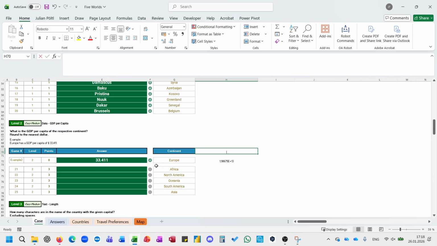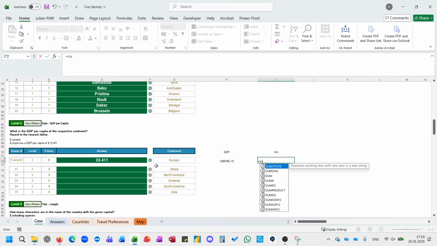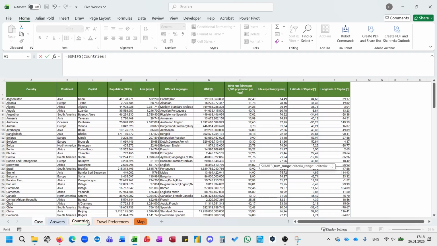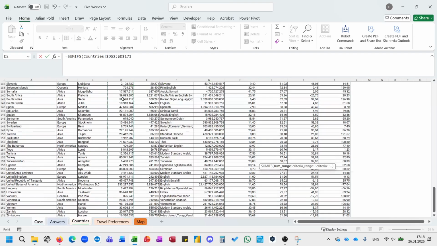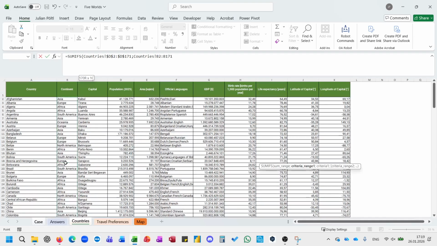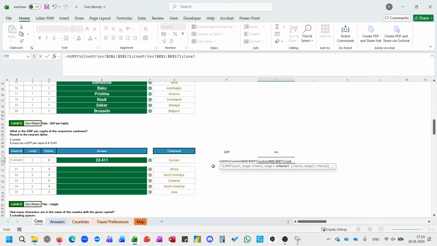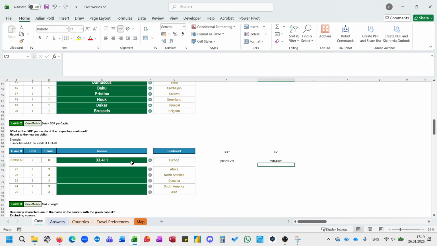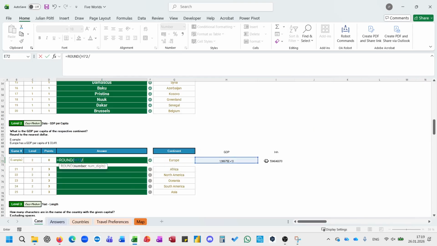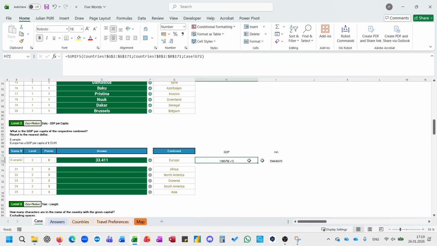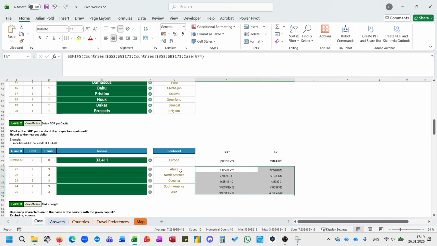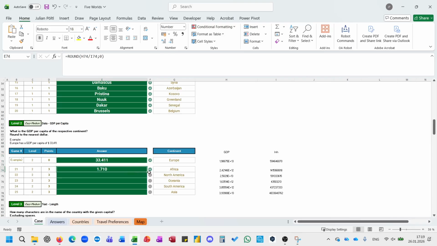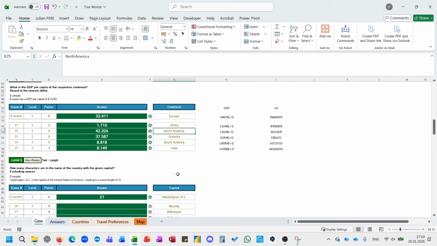So this is GDP and this is inhabitants or population. It's a second SUMIFS, where we sum the population, continent is given, and then our result is ROUND of GDP divided by inhabitants, rounded to the nearest dollar, so to 0 digits. And we can then track those formulas down. And level 2 is solved.